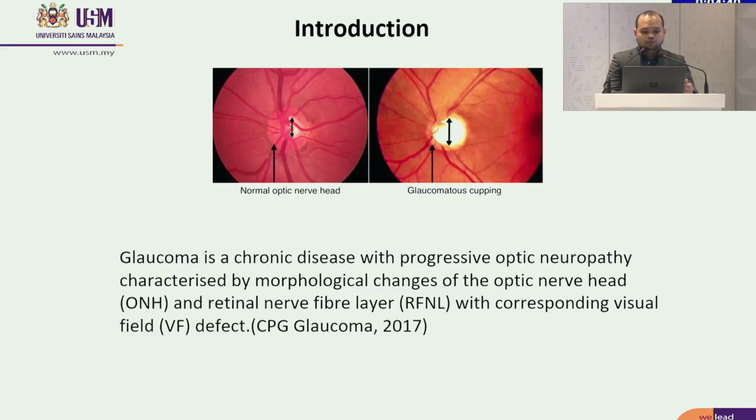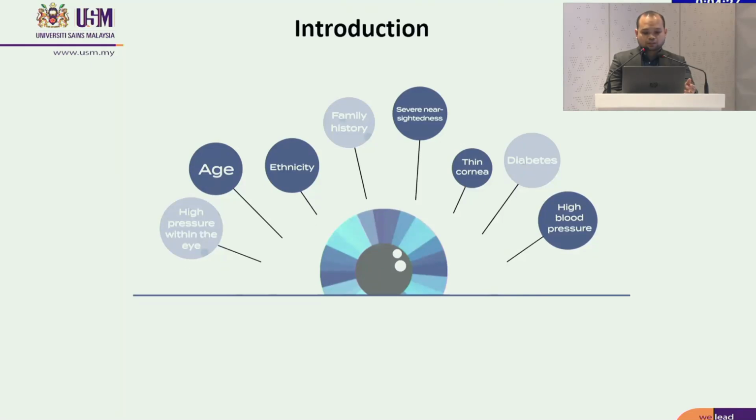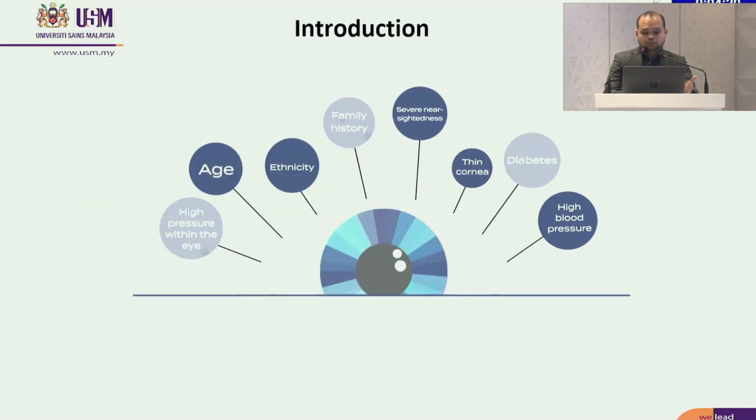Glaucoma is a chronic progressive optic neuropathy characterized by structural and functional changes. These are well-established, identified risk factors for primary glaucoma. However, there are minimal studies done among the Malay population.